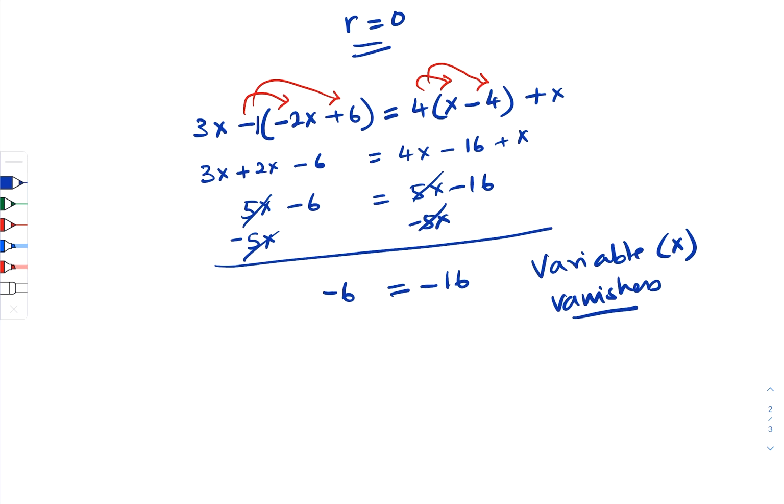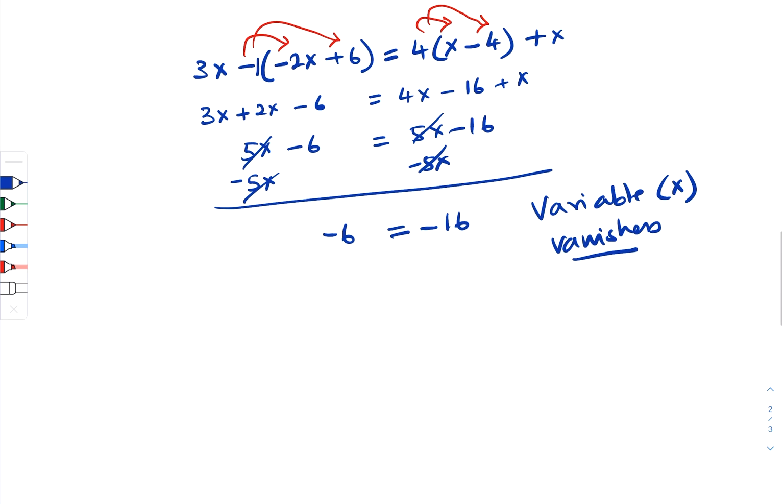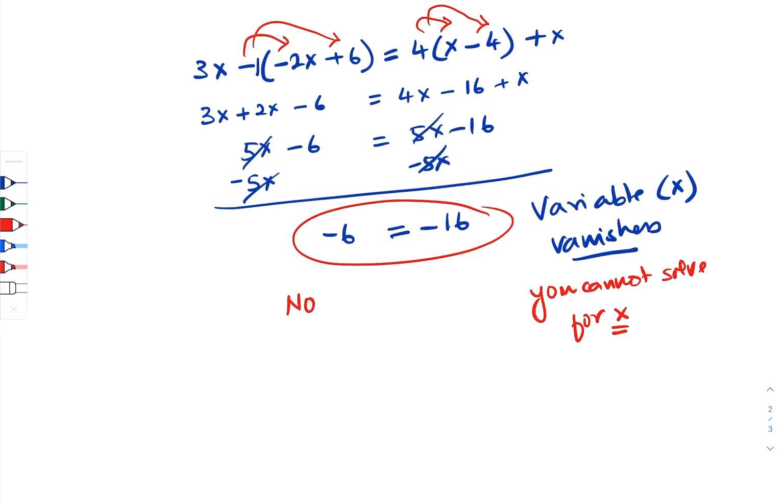So anytime your variable vanishes, you really cannot solve for it. When the variable vanishes, you cannot solve for x or whatever the variable is there. Therefore, in this particular case, you're going to report your answer as no solution, okay?